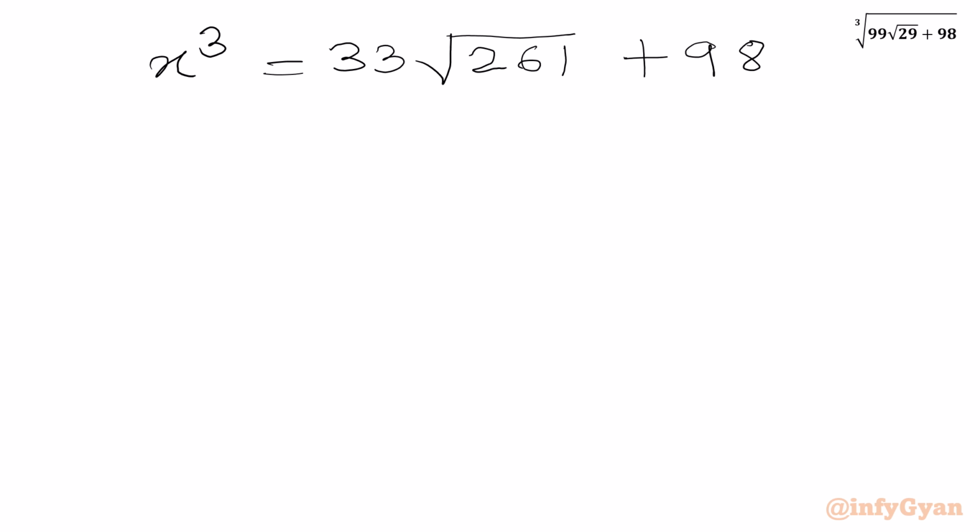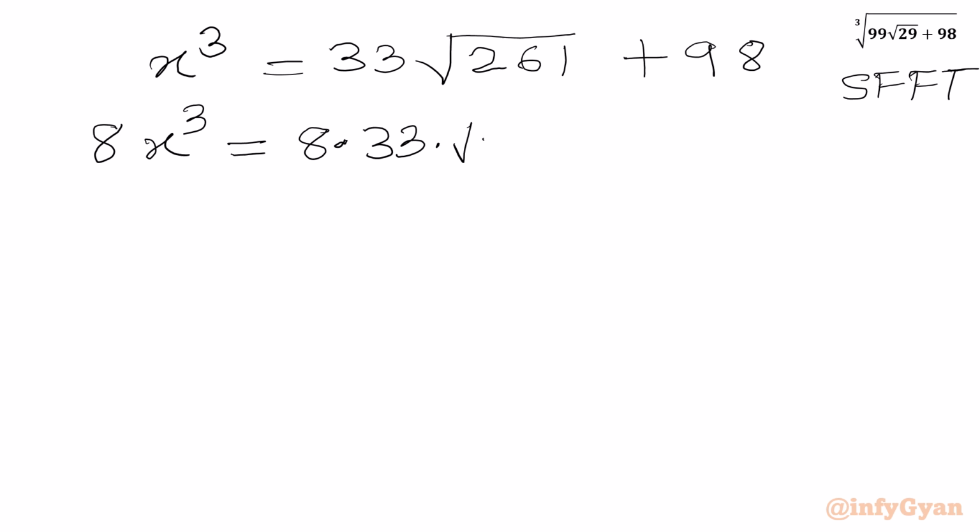Now we are going to use Simon's favorite factoring trick. So here we need to multiply both sides by 8 first. So let's multiply both sides by 8. So I can write 8x cube in the LHS. In the RHS, 8 times 33 times square root 261 plus 8 times 98.